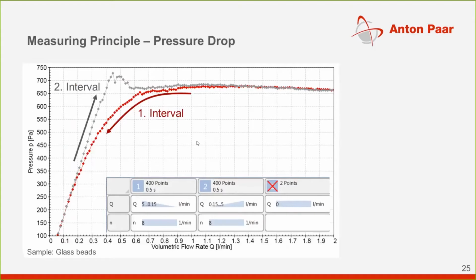This measurement is carried out by basically two intervals. In the first interval, the volumetric flow rate starts at relatively high values and it moves downwards, so we decrease the volumetric airflow. So this is the red curve. In this case, we'll start at 2 liters per minute and we'll continuously decrease the airflow down to 0.05 liters per minute.